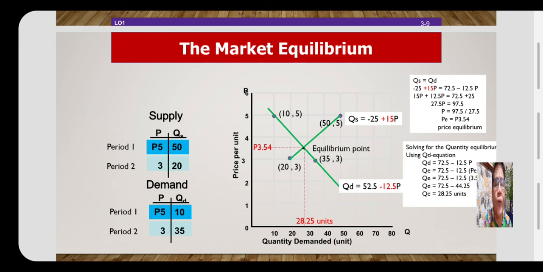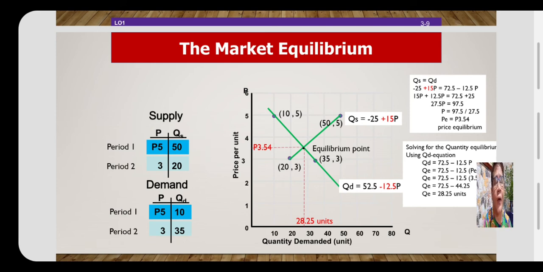The 3.54 is the price value of the corresponding point of intersection, which we refer to as the equilibrium point. The corresponding price value is called price equilibrium, and the corresponding quantity value of the point of intersection is called quantity equilibrium.